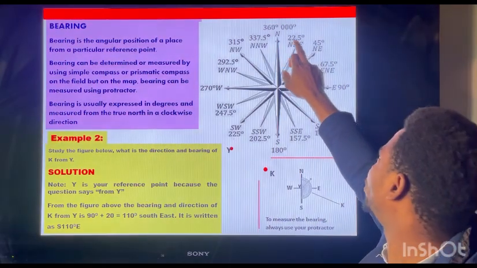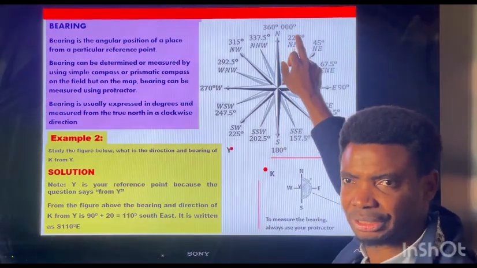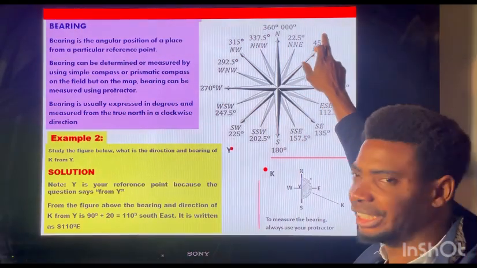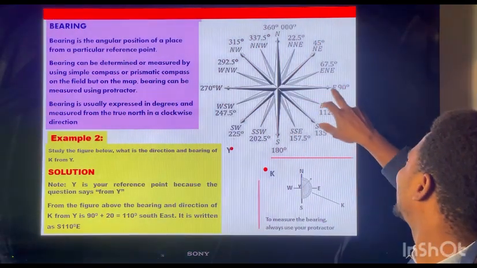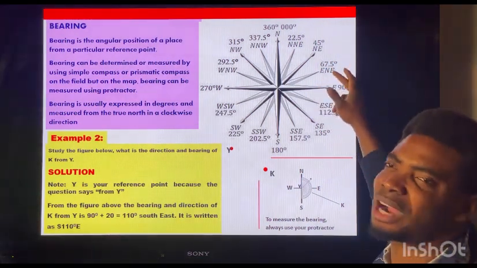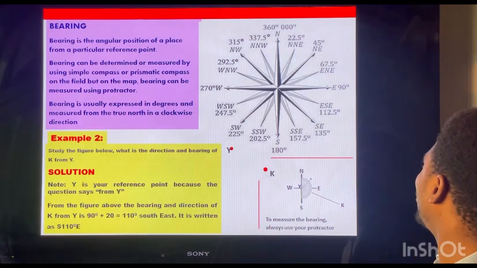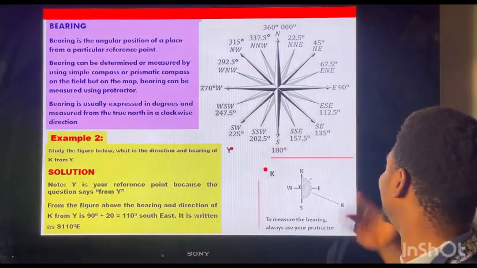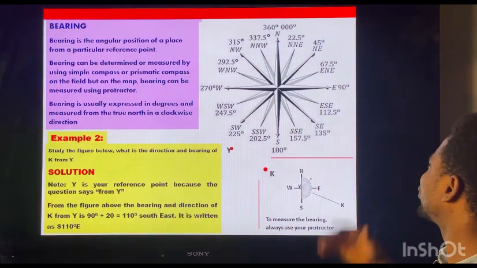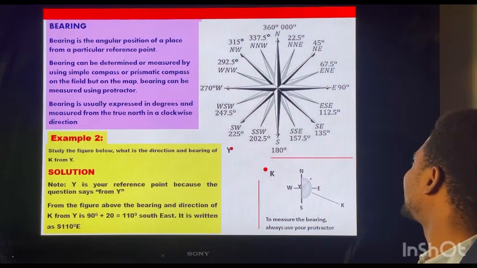North northeast corresponds to 22.5 degrees. Then northeast corresponds to 45 degrees, and east northeast corresponds to 67.5 degrees. Your east corresponds to 90 degrees.